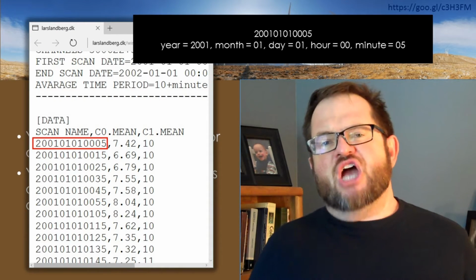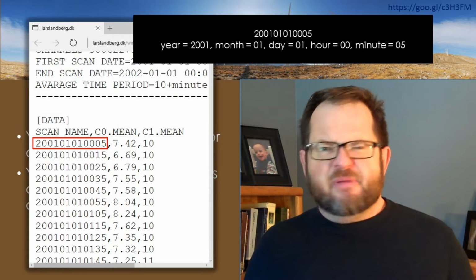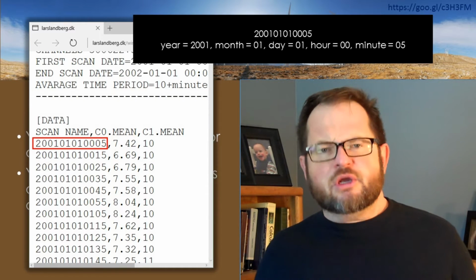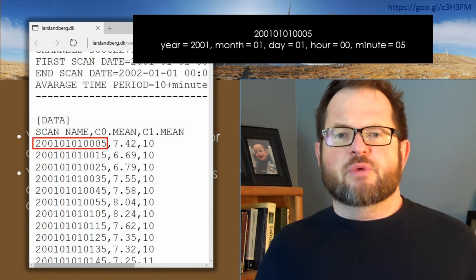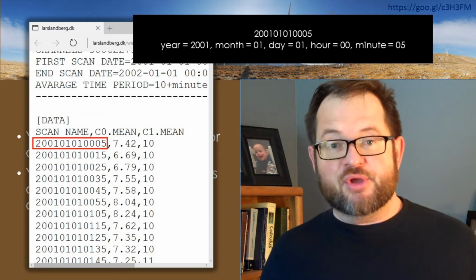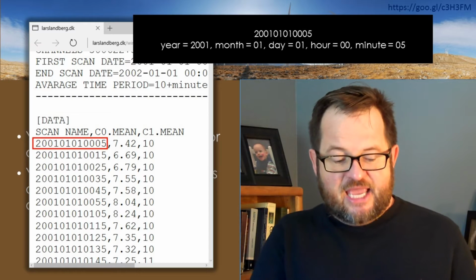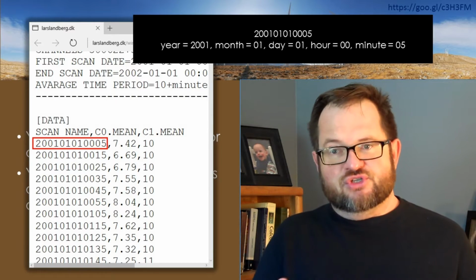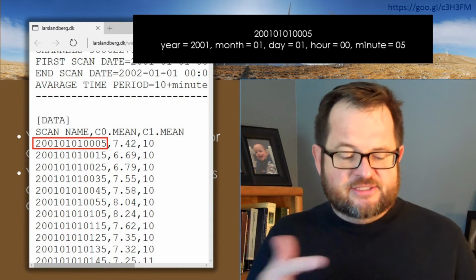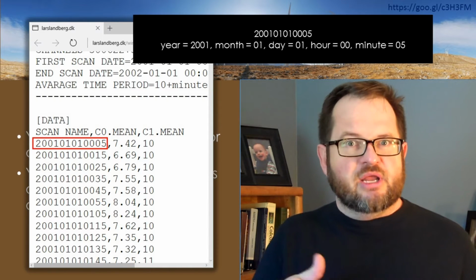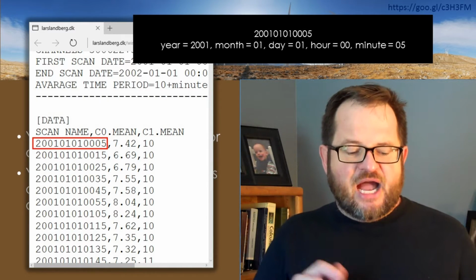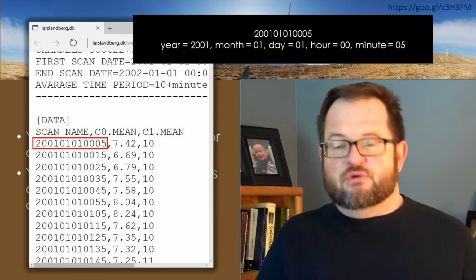Well, you first start off with this giant number that, depending on how much experience you have working with observations, you would already suspect is the timestamp that records when this observation was taken. In this case, the 2001 means it was 2001, 01 means January, the day is 01, and the hour is 00, and the minute was 05.